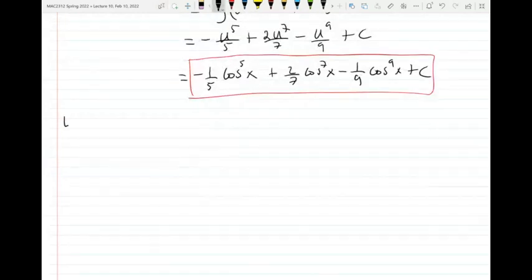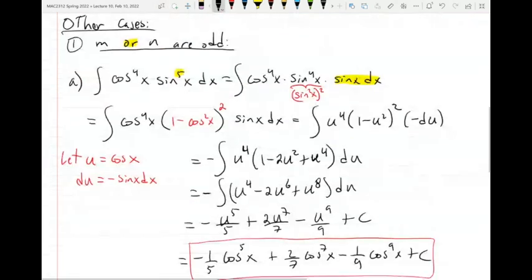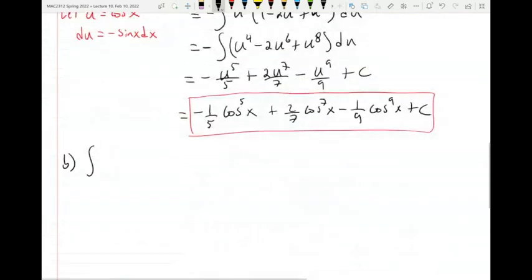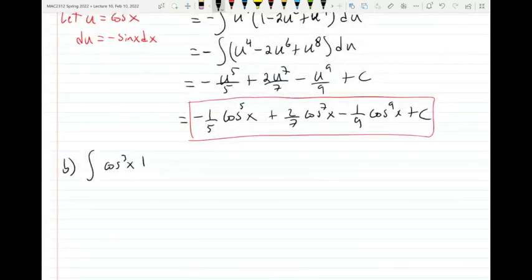So let's see. Why don't you try this one? Let's do cosine cubed. Do this integral. I'll give you 1 minute.